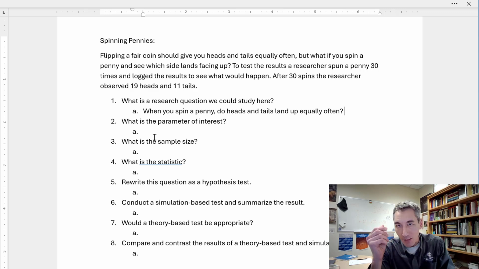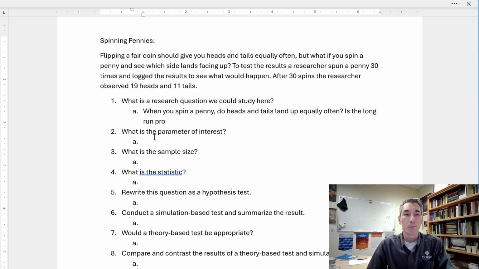Another way that might push us a little bit better in the direction of statistics would be something like, is the long run proportion of heads equal to 0.50 or 1/2 when spinning a penny?